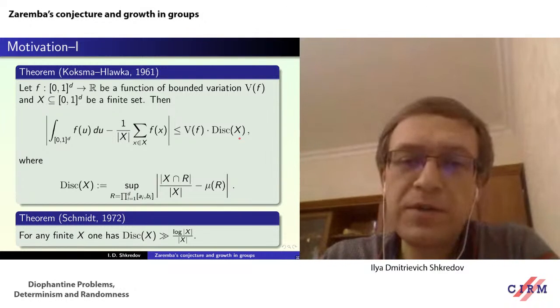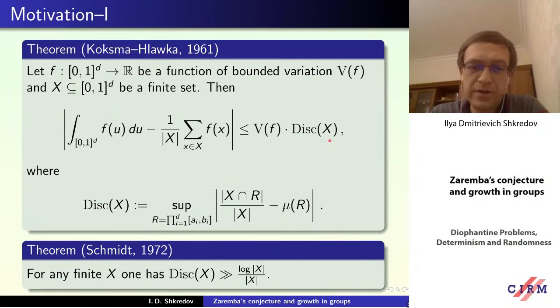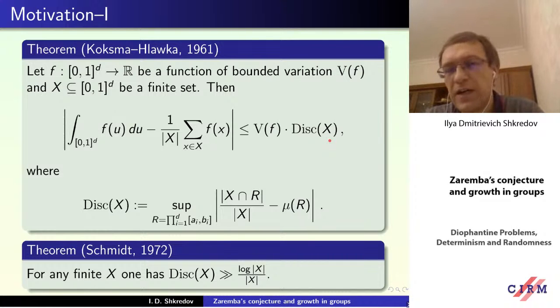So that's the question, and we have a lower bound. It's another famous result, of Wolfgang Schmidt, who says that actually there is a nontrivial lower bound for discrepancy, and you cannot find your set X ideally.